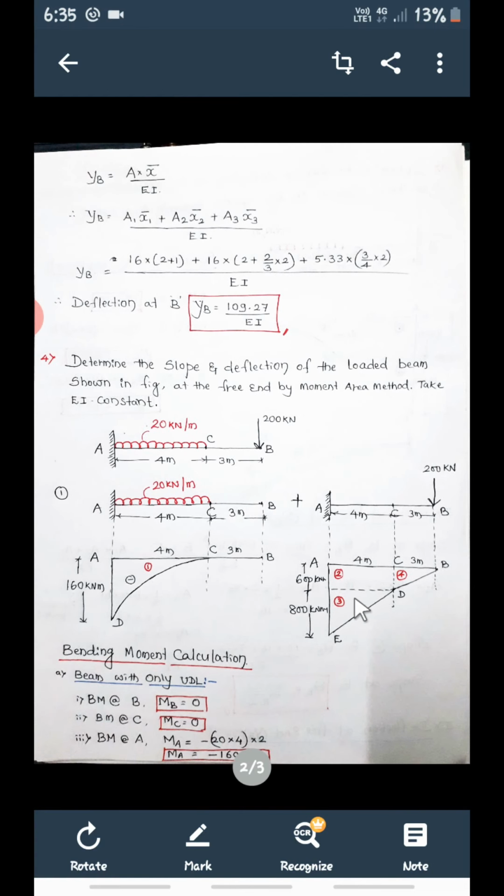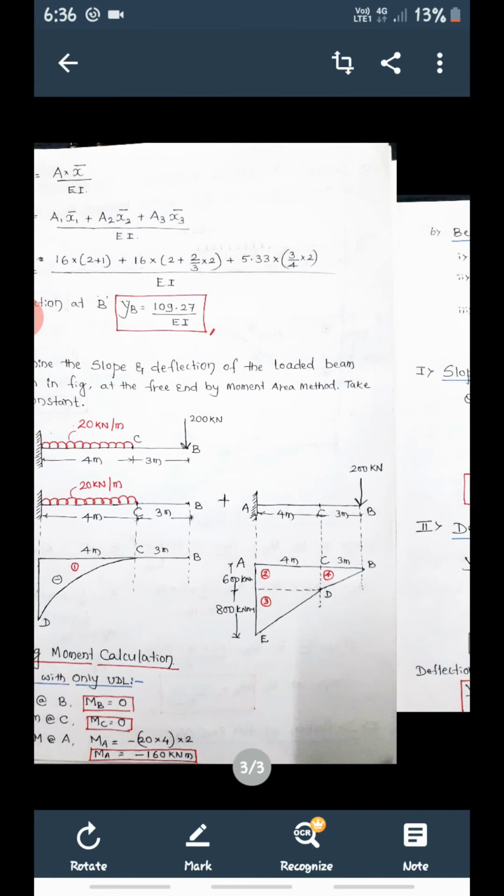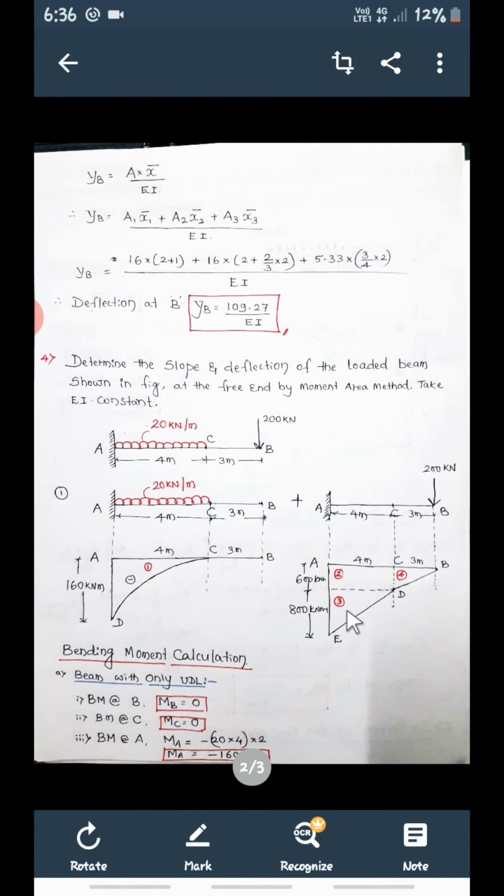A2 is here now. Again from B, it is 3 plus half of this 4, that is 2. 3 plus 2 is 5. So A2 x2 bar, plus A3, a triangle, half base into height into distance, A3 x3 bar. x3 bar means from B to the centroid.